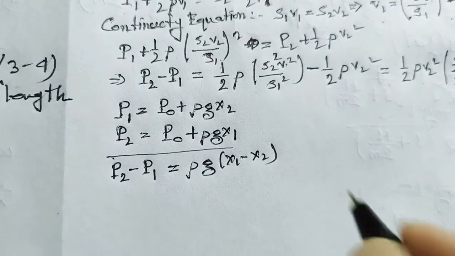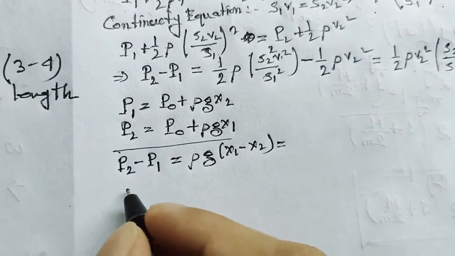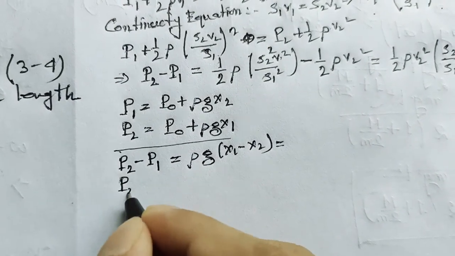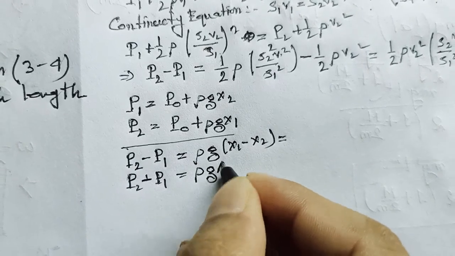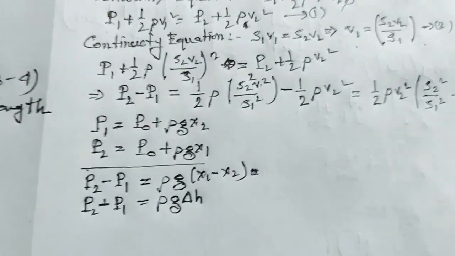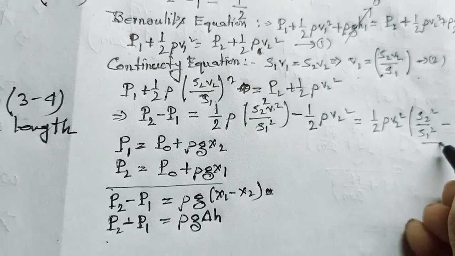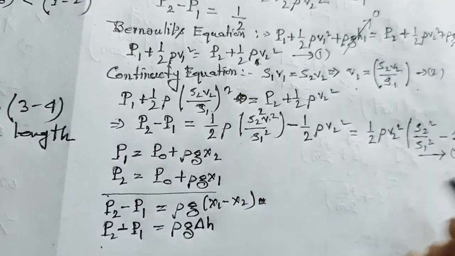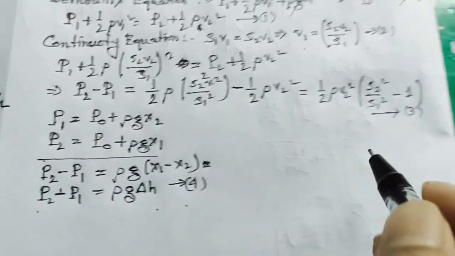Now the value of x1 minus x2 is equal to del H. So P2 minus P1 is equal to rho g del H. This was our equation number 3, and this is our equation number 4. Now we'll substitute the value of P2 minus P1 from equation number 4 into equation number 3.